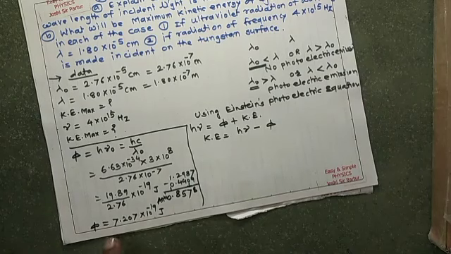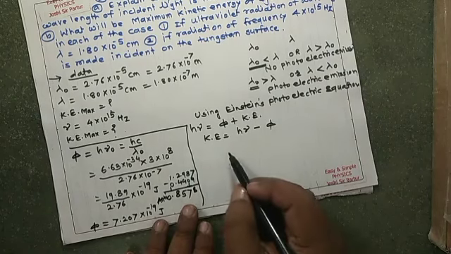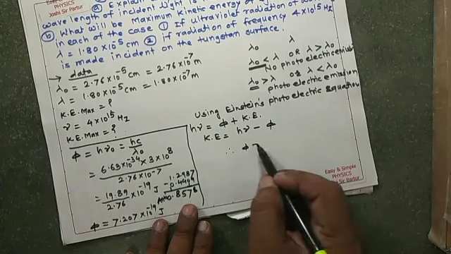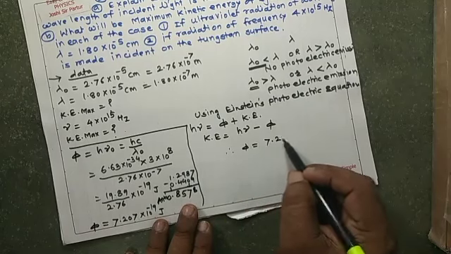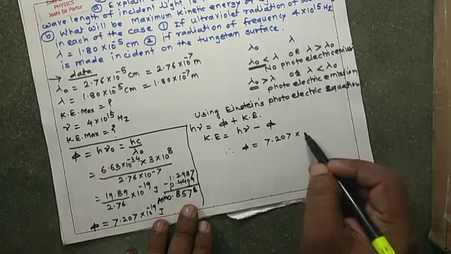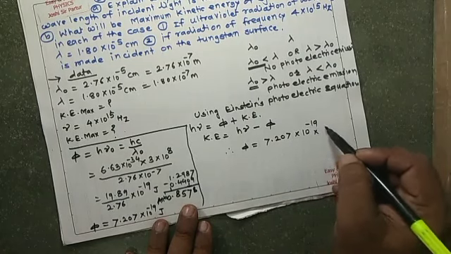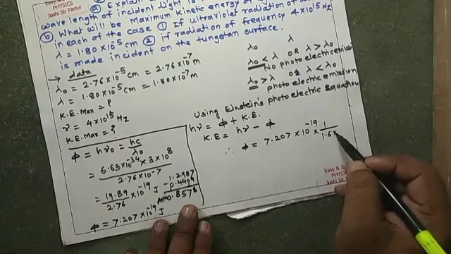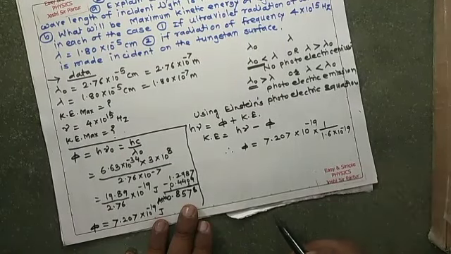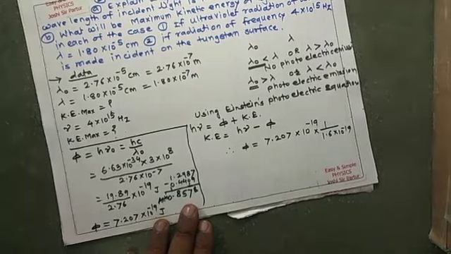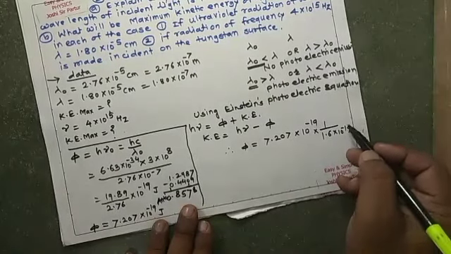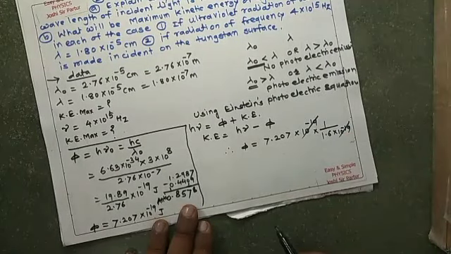But we know that phi is in electron volt. So phi is equal to 7.207 into 10 to the power minus 19 multiplied by 1 upon 1.6 into 10 raised to minus 19. The 10 to the power minus 19 get cancelled.